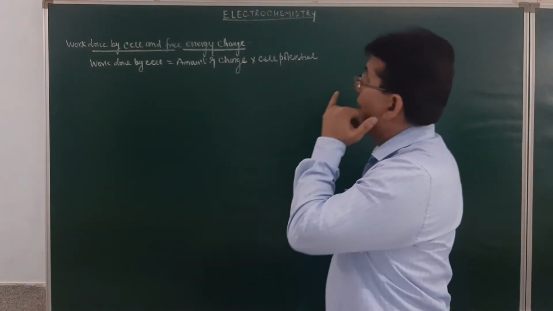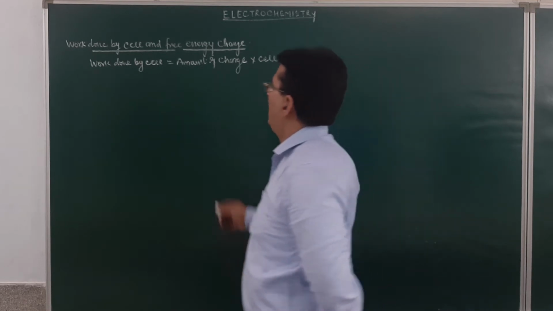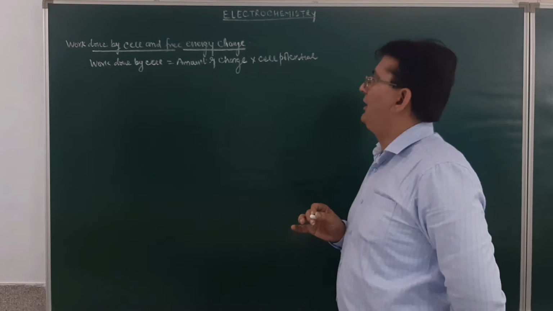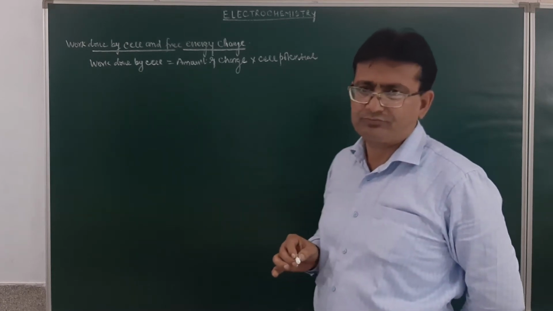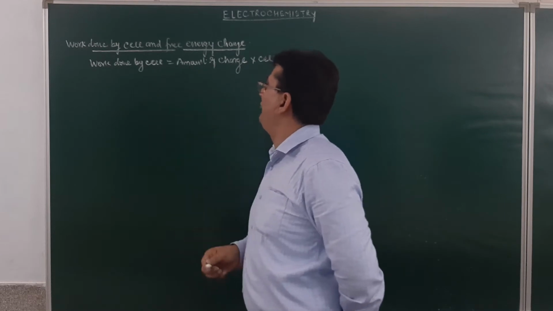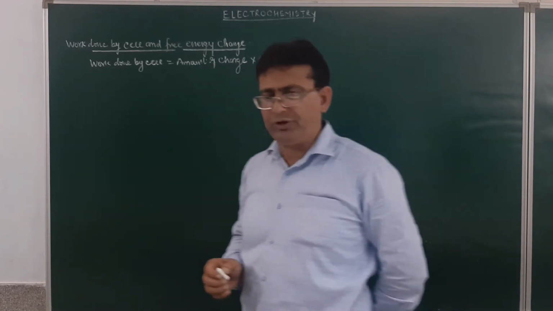Now, today we will find out what work will be done by the cell and what is the relationship between the work done by the cell and the free energy change. Students, always remember, work done by the cell will be equal to the amount of charge multiplied by the cell potential.